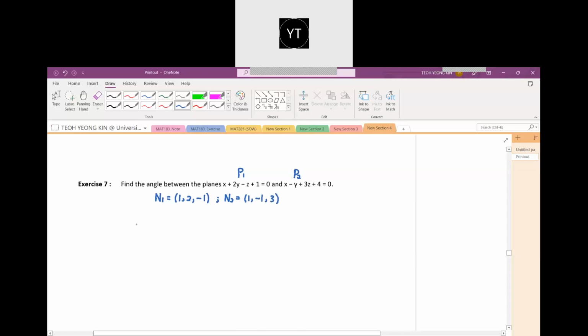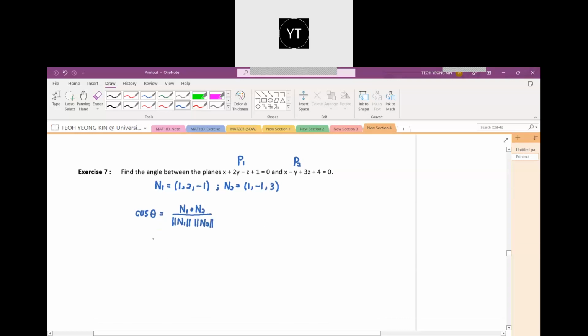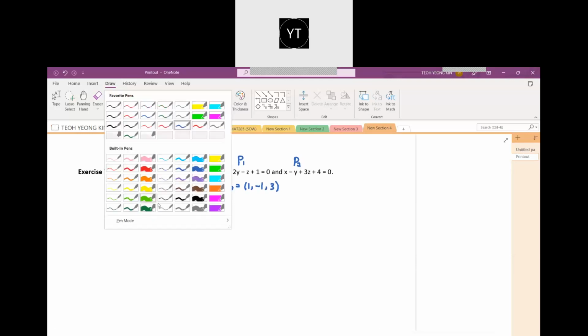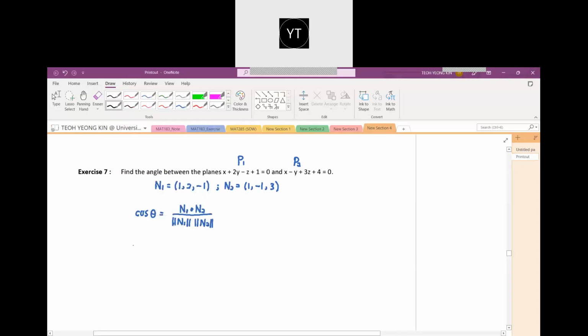In order to find the angle, cos theta is the dot product of n1 and n2 divided by the magnitude of n1 multiplied by the magnitude of n2. We can find them separately, and after that substitute into the formula. Let's find the dot product of n1 and n2, where n1 is 1, 2, and negative 1, and n2 is 1, negative 1, and 3.